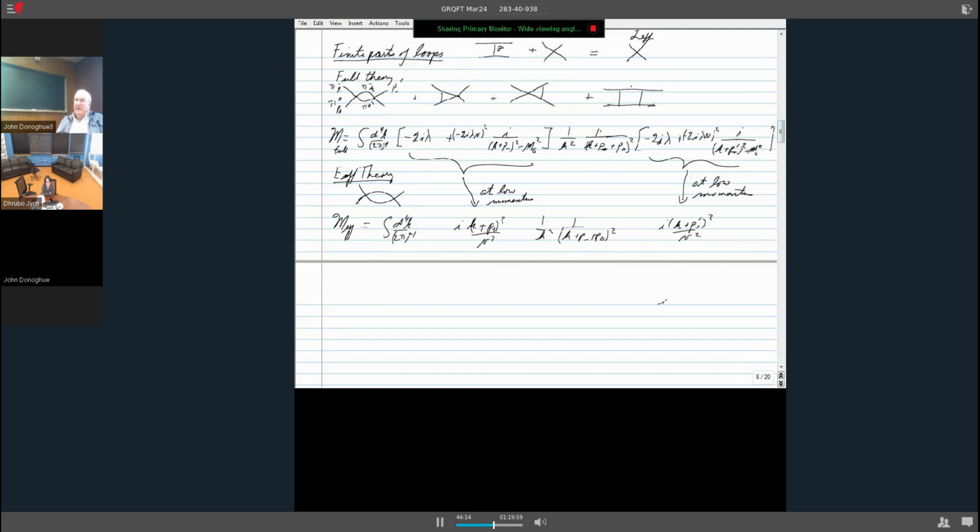At this stage, you're supposed to recall that at low momentum, that combination there went to this at low momentum. And that was the calculation we did at tree level. This guy went to that at low momentum.